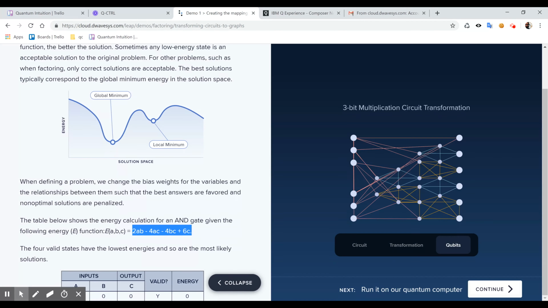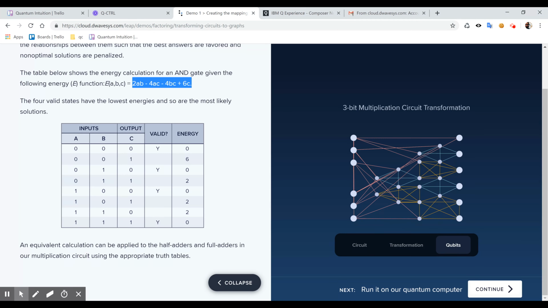So instead of being really Boolean in the sense of true and false, it's a bit more probabilistic, because at the end of the day, you could get any of the points in your solution space, or any of the energy levels, but you will get the lowest levels with the highest probability.